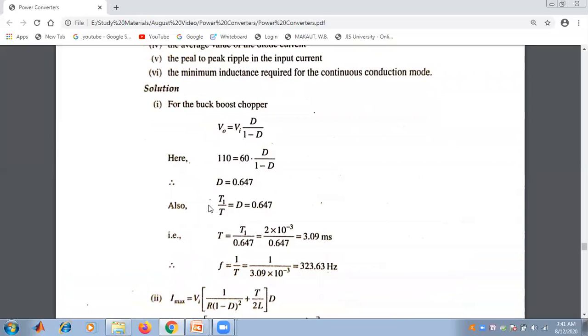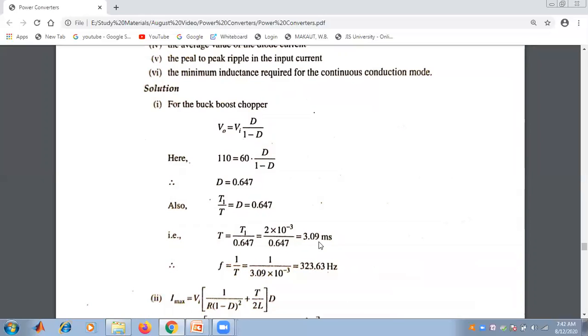We know the duty cycle is T1 by T. So from there we can easily find the value of T, because T1, the on time, is given in the problem, that is 2 milliseconds, 2 into 10 to the power minus 3 seconds.